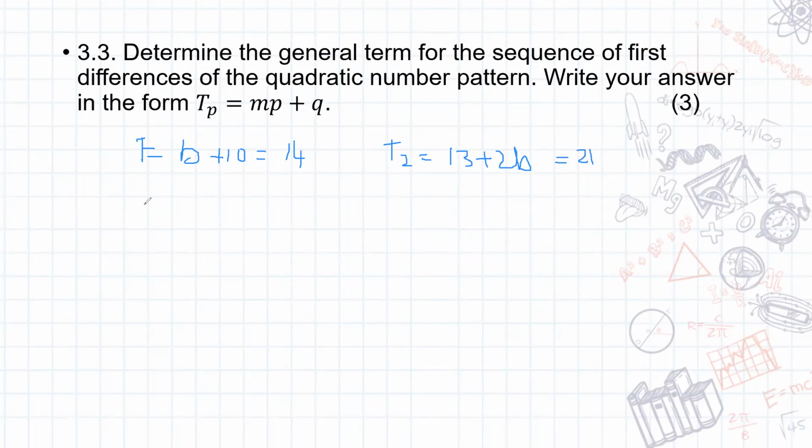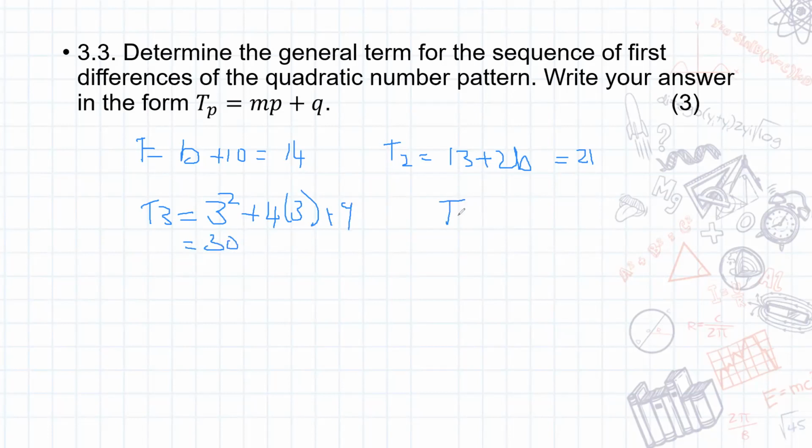So now we need to find term 3. Term 3 we just substitute in: 3 squared plus 4 times 3 plus 9. And that will give us 30.